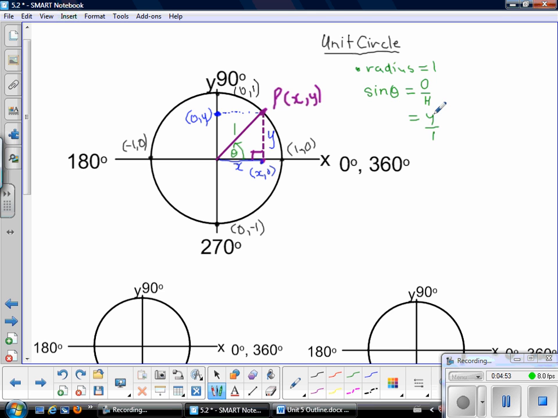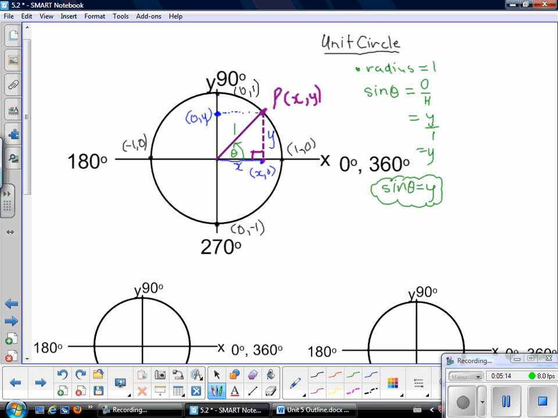Now we would never keep something as y over 1, that's the same as y. So what we found here is that sine theta equals y. And that's really, really important. You'll see why when we get to these other circles.